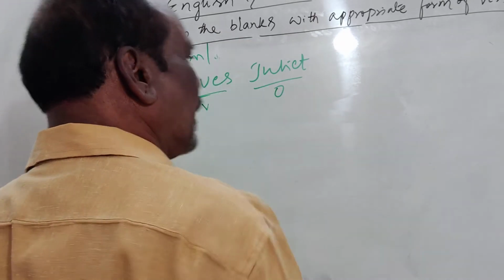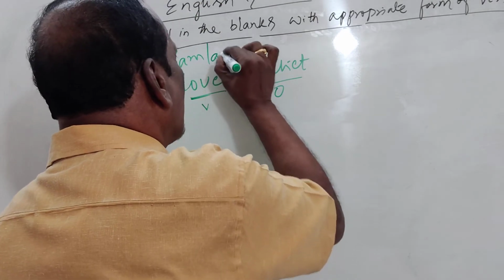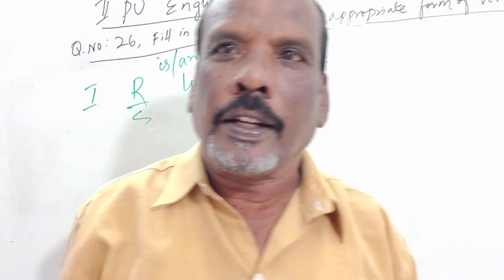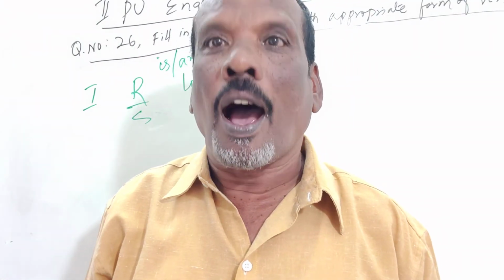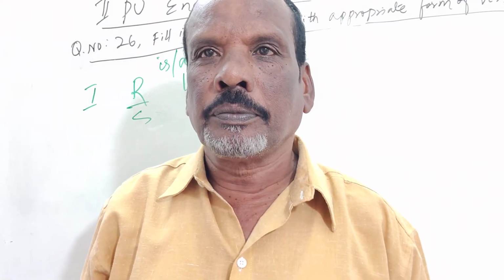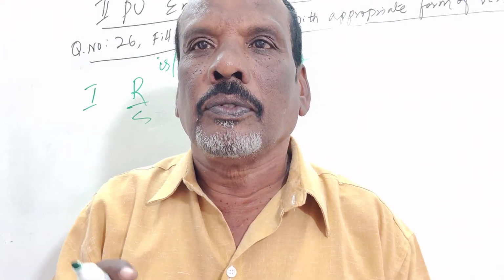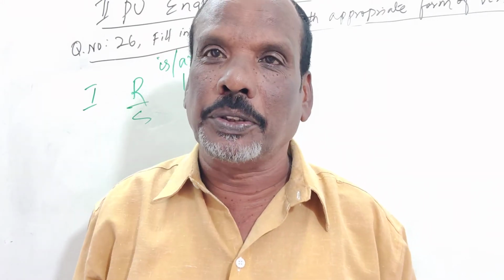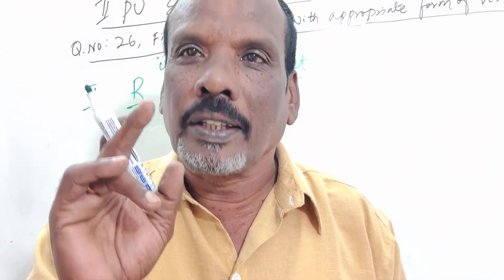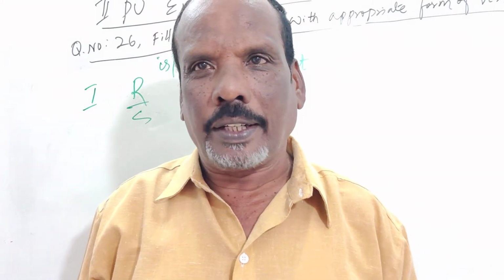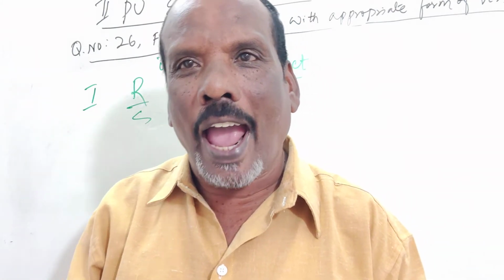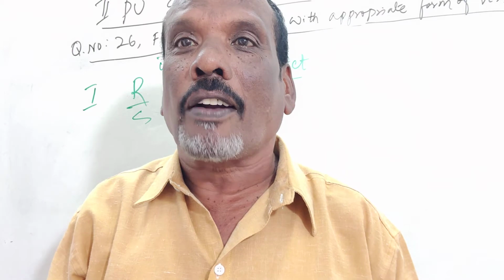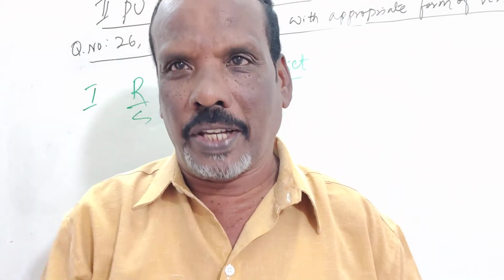Is, am, or are. Here is, am, are to be used when the subject is singular. Are is to be used when the subject is plural. Right? And is, am, are to be used according to the subject.